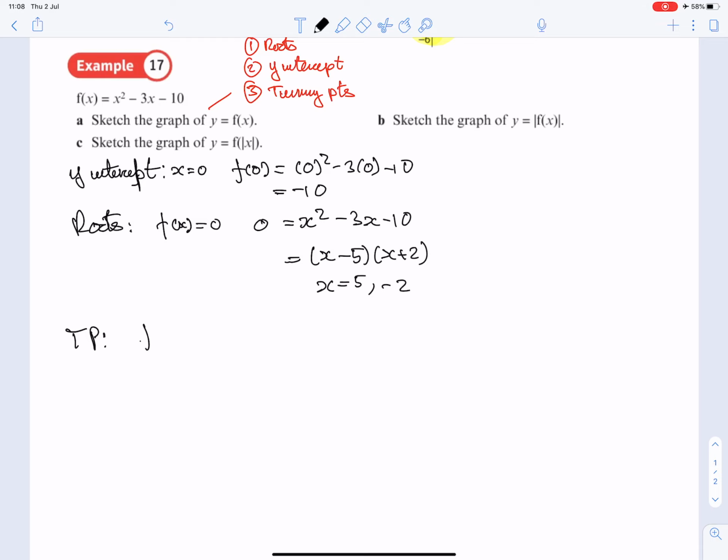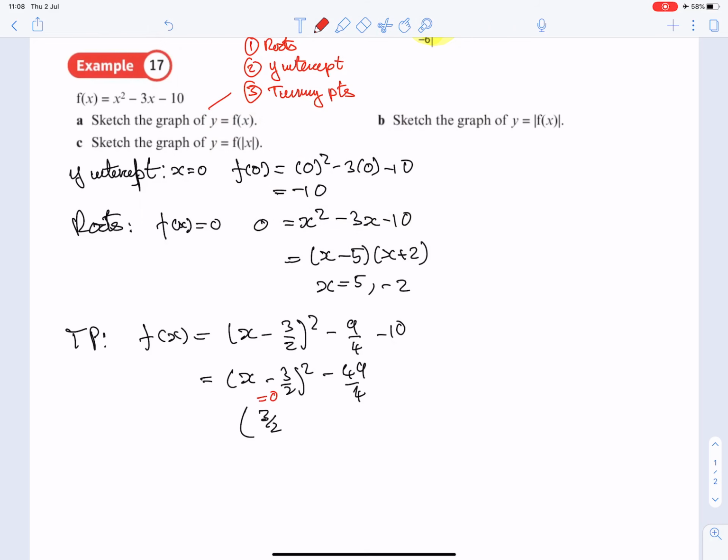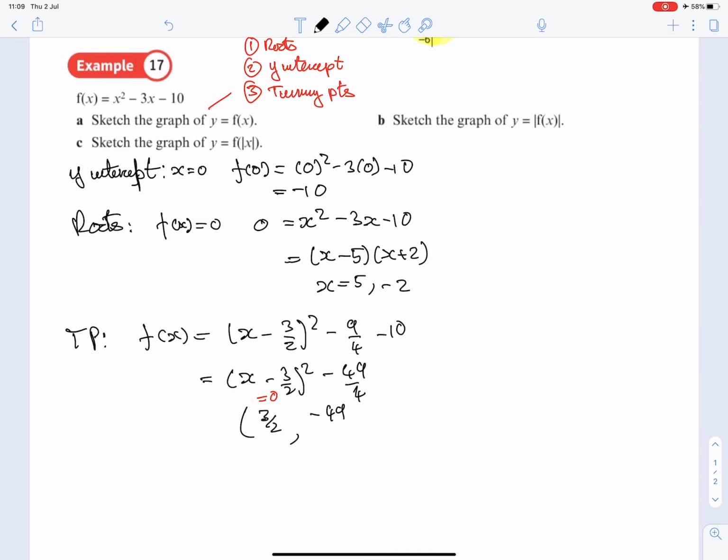I'm going to quickly complete the square. So f of x equals (x minus 3/2) squared minus 9/4 minus 10, which is (x minus 3/2) squared minus 49/4. So my turning point is at 3/2, making the bracket equal to 0, and negative 49/4 for the y value.